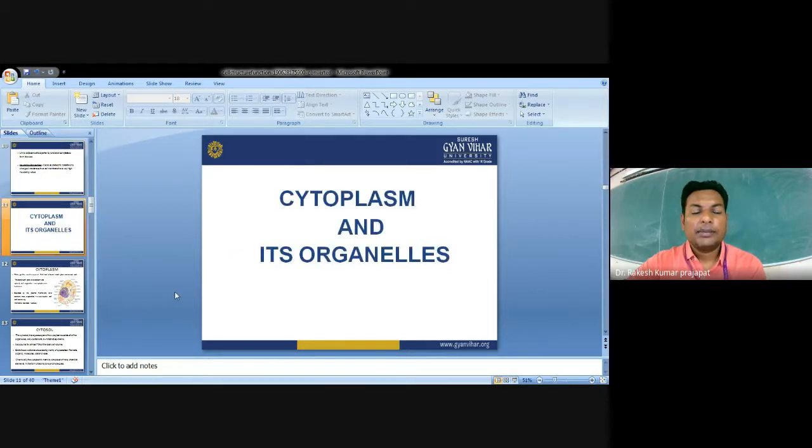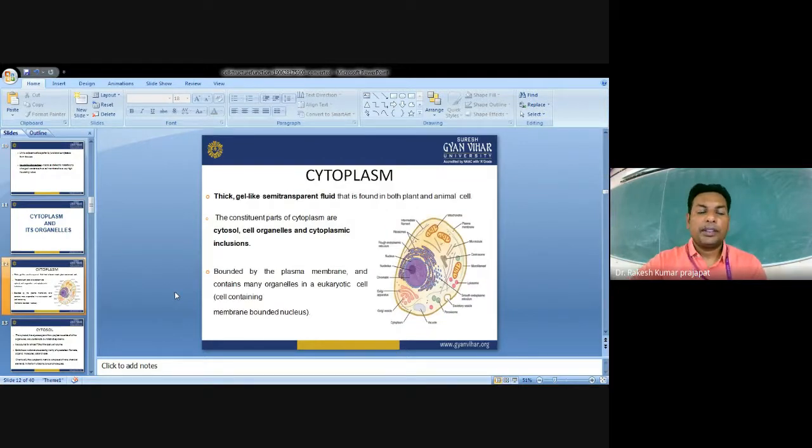Now next is the cytoplasm and its cellular organelles. Cytoplasm is a thick, gel-like, semi-transparent fluid found in both plant and animal cells. The constituent parts of cytoplasm are cytosol, cell organelles, and cytoplasmic inclusions, which are bounded by the plasma membrane and contain many organelles.